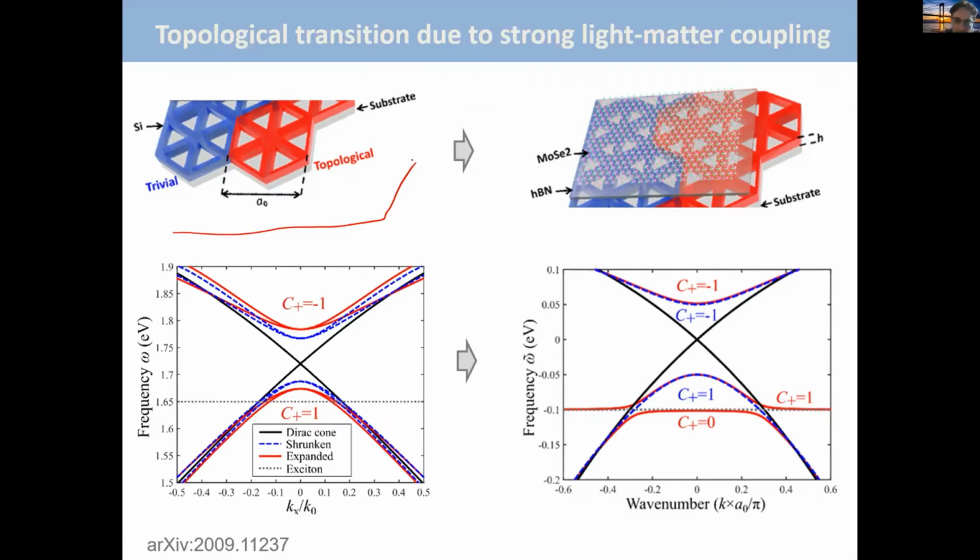So, the original system here is a topological system characterized by spin Chern numbers, let's say, for a particular spin up, indicated by the plus sign here. For the lower band, it's equal to 1. For the upper band, it's -1. The excitonic band, its spectral position is indicated by this dotted line.